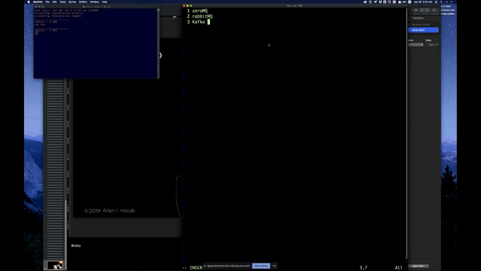It's slower than Zero. It is more complicated than Zero to set up. There's more configuration. There is centralized configuration. Zero is a completely distributed system. There is no centralized broker in ZeroMQ. Kafka does have a centralized broker, which means you've got to worry about clustering and that sort of thing in order to be able to use it.